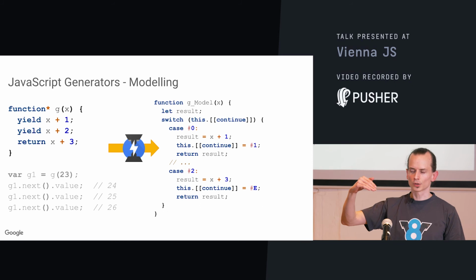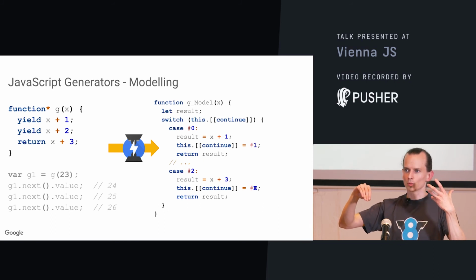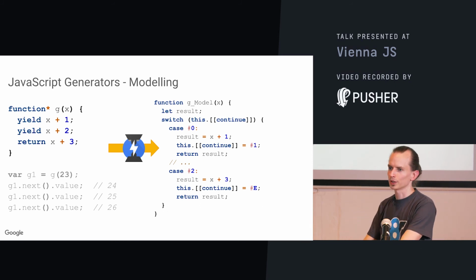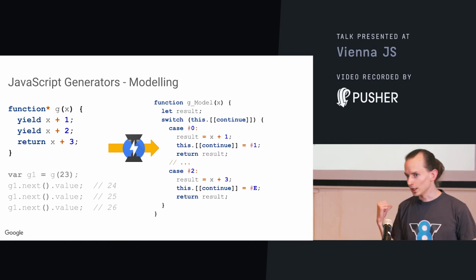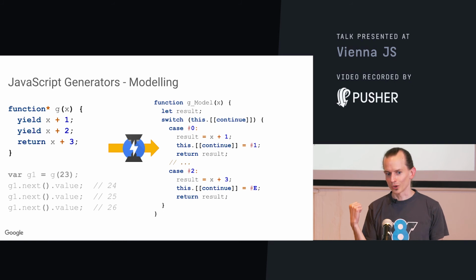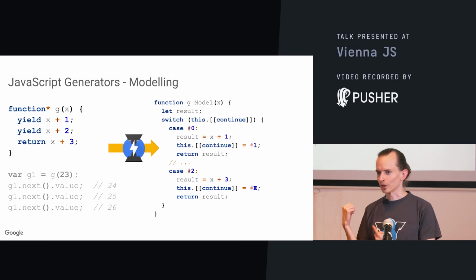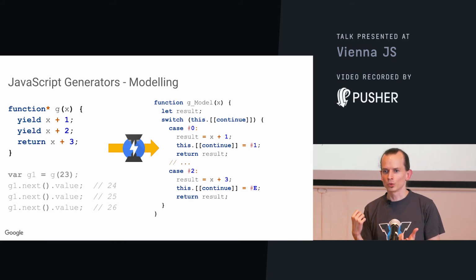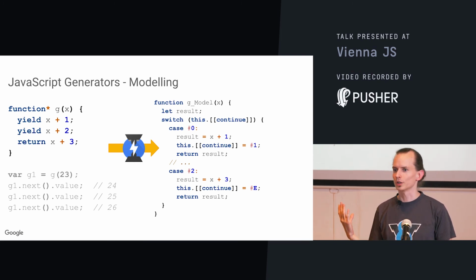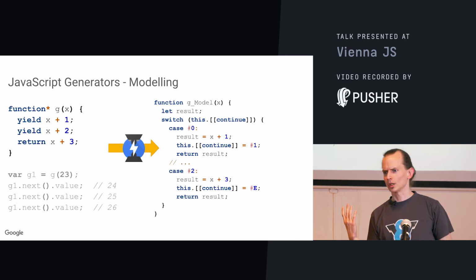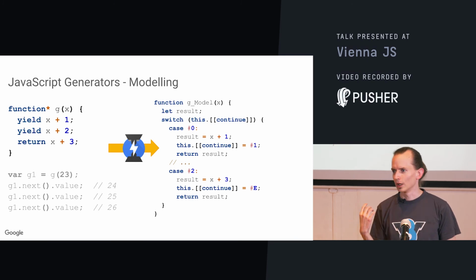So every time we call this function, we read out the continuation point, dispatch to the correct point, and can continue running there. Now, the advantage of letting Ignition do that is, as I mentioned before, we can actually optimize this function. We don't need to teach Turbofan anything about generators because it just looks at a function that has a switch inside with this magic load of the continuation point.